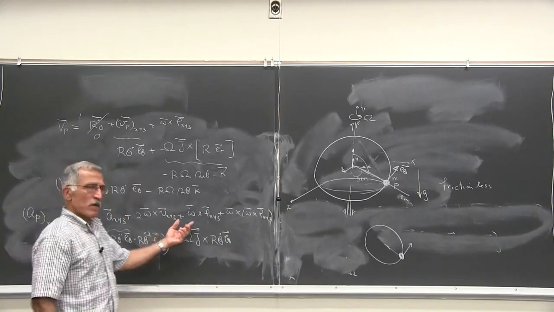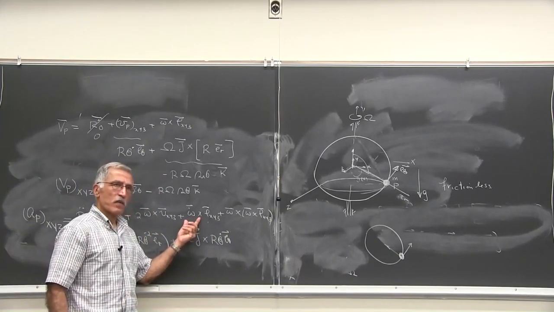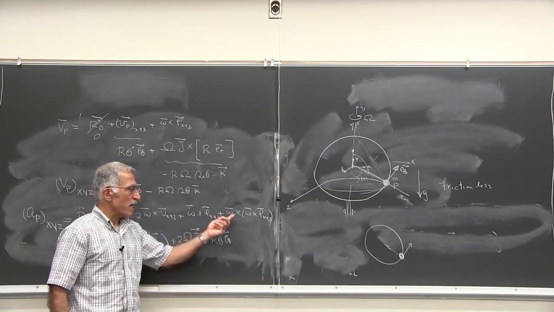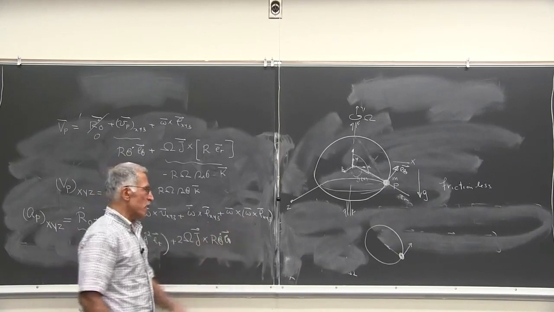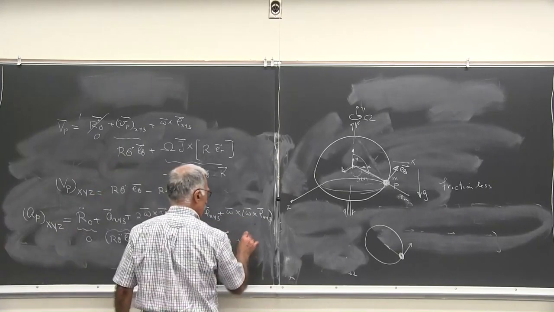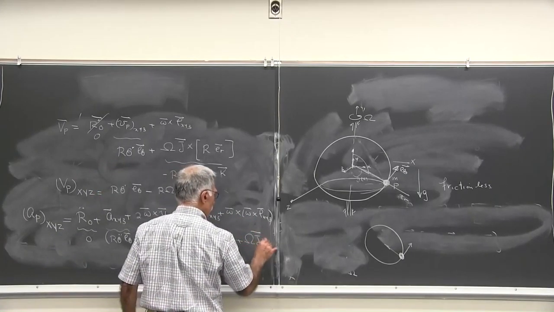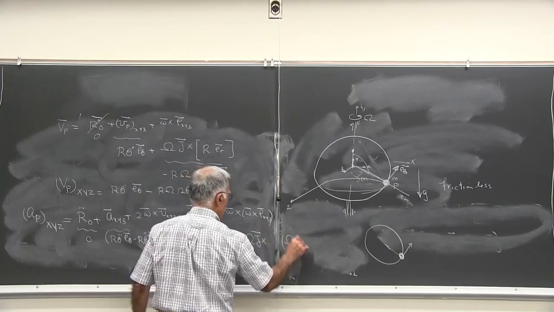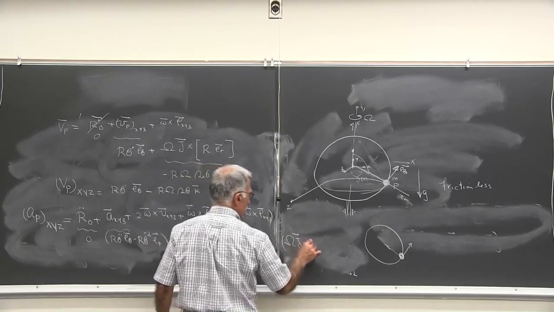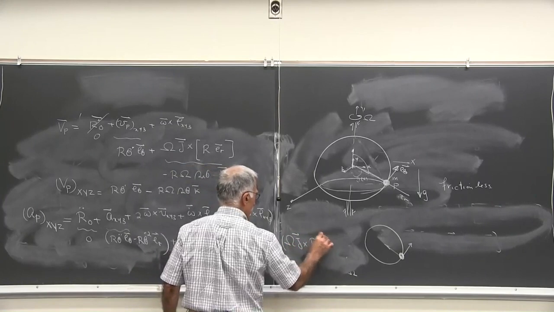My auxiliary reference frame is not accelerating, therefore forget about that one. Then I have omega times rho_XYZ. That is omega J times omega J times r e_r.